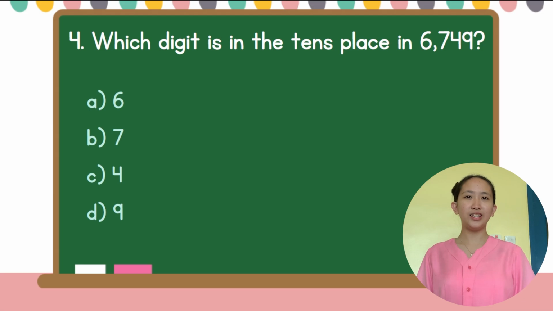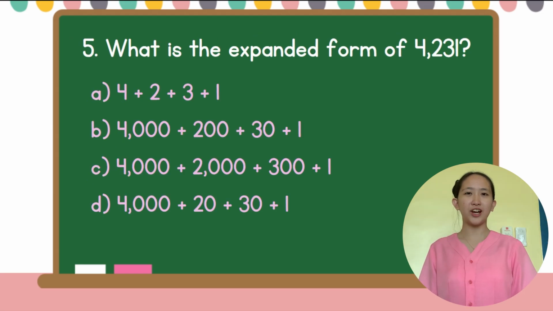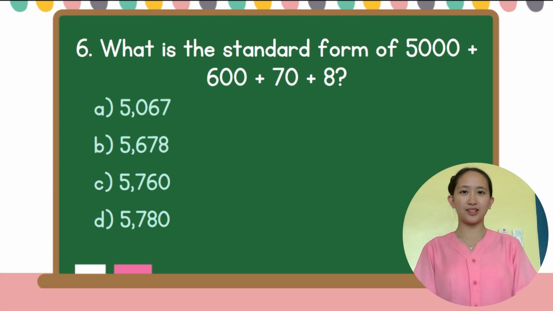For our number 5, what is the expanded form of 4,231? A. 4 plus 2 plus 3 plus 1, B. 4,000 plus 200 plus 30 plus 1, C. 4,000 plus 2,000 plus 300 plus 1, or D. 4,000 plus 20 plus 30 plus 1. Number 6.